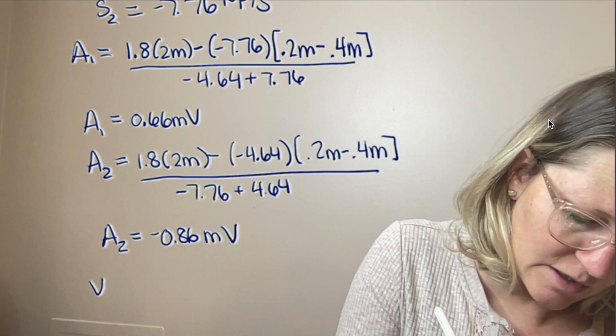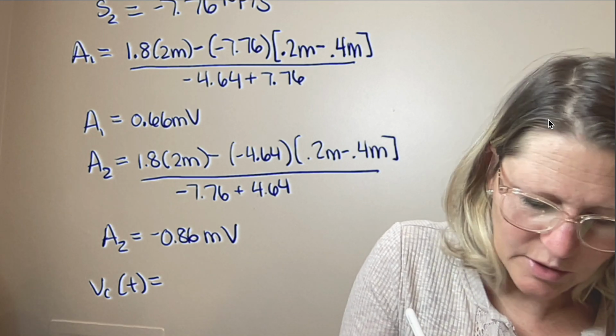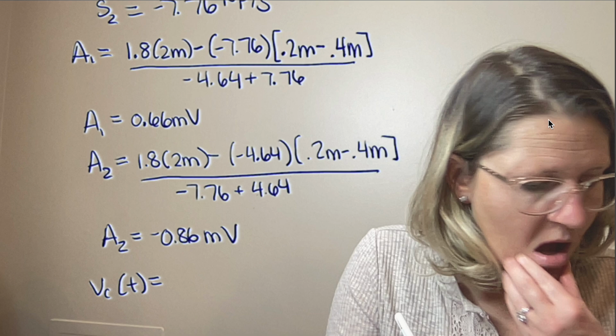So now I can plug it into the equation for VC of t. So VC of t is going to be the A1, 0.66 milli, e to the minus 4.64 t, which is S1, minus 0.86 milli, e to the minus 7.76 t.